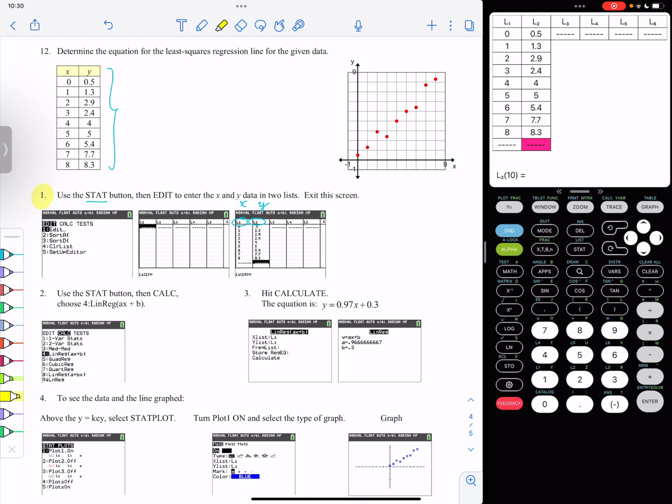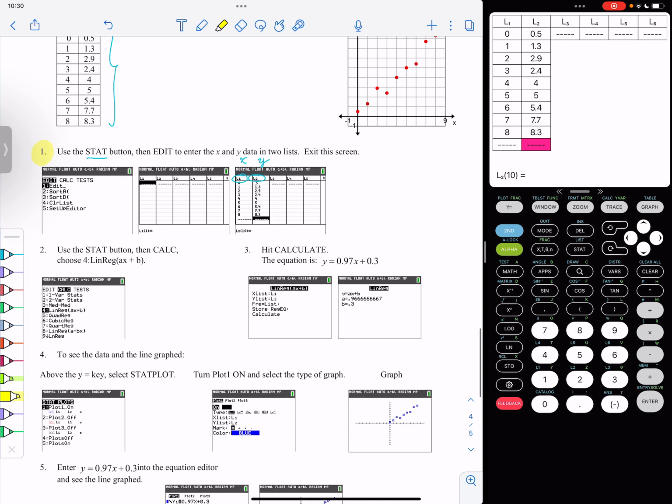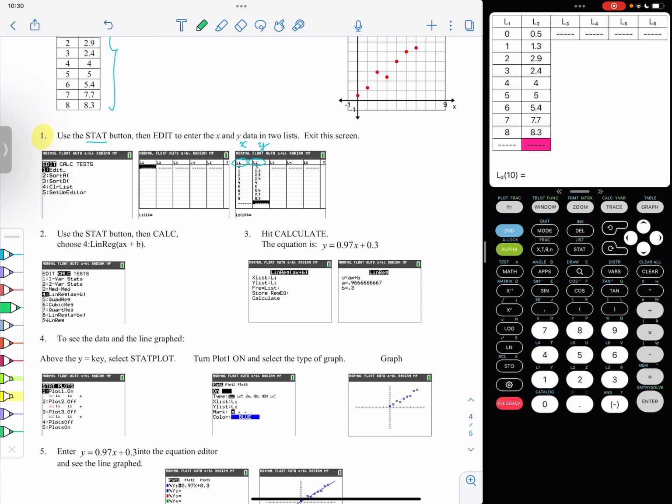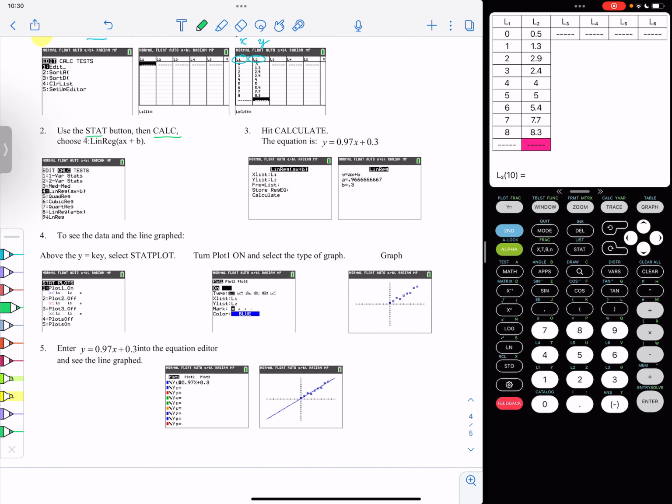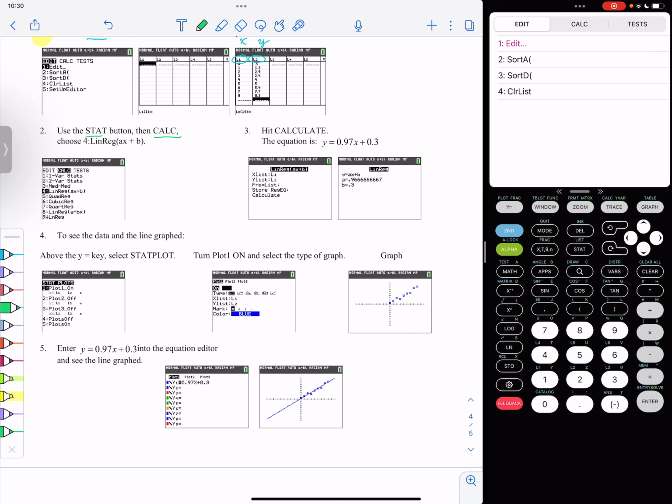There we go. Okay, so now we're going to use the stat button again and press calculate. We're going to press stat and arrow over to calculate, and we're going to choose number 4. We do have our X values in L1, our Y values in L2. You don't have to put anything in the frequency list, and we can just go ahead and press enter.